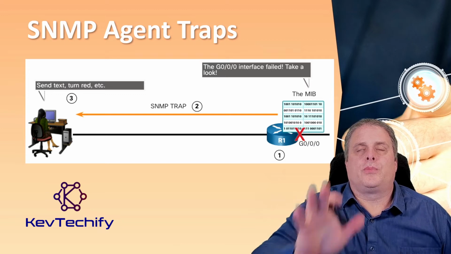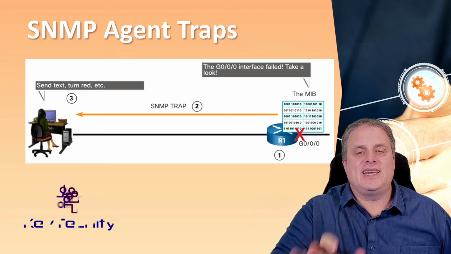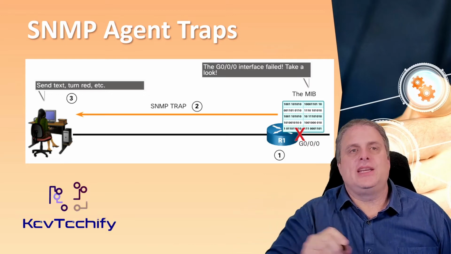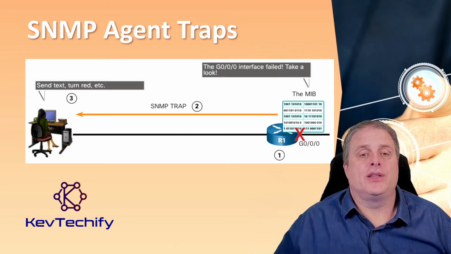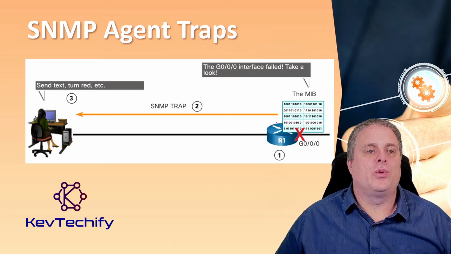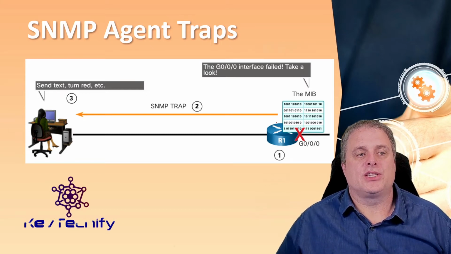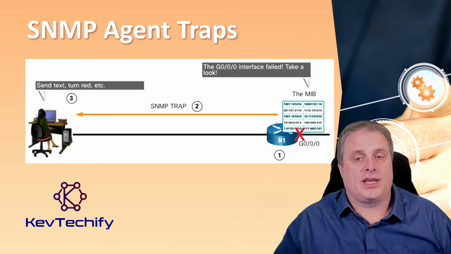We can also set up what's called an SNMP agent trap. What this is, you as the administrator, when you set up your device, you can go to R1 and say, anytime a condition happens, send me an SNMP information. You'd be running some sort of SNMP software on your computer that would be looking for any SNMP traps that came in.